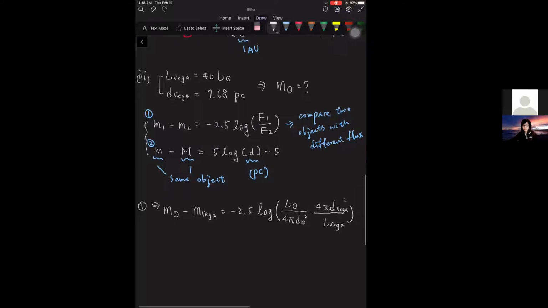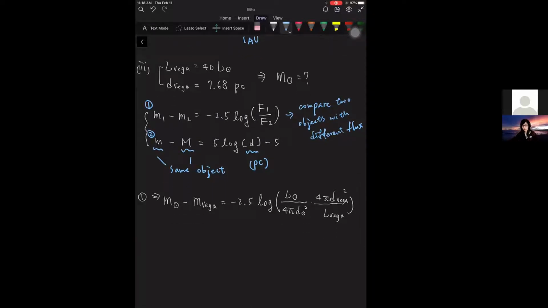Let's see what information we have in this equation. First, we use the Vega magnitude system, which means the apparent magnitude of Vega is 0, because that is the standard of this system. The distance between the sun and earth is simply 1 AU, and the distance of Vega is given as 7.68 parsec.